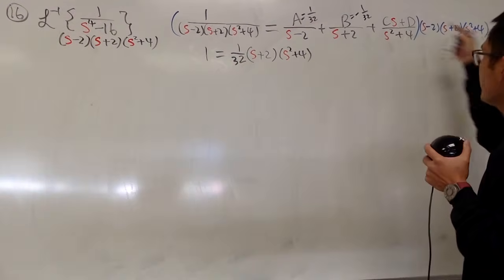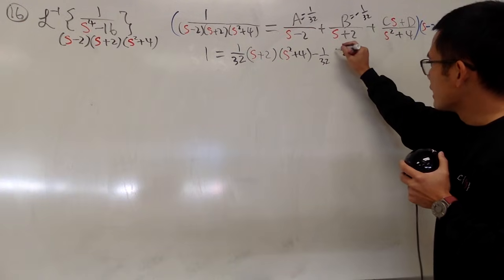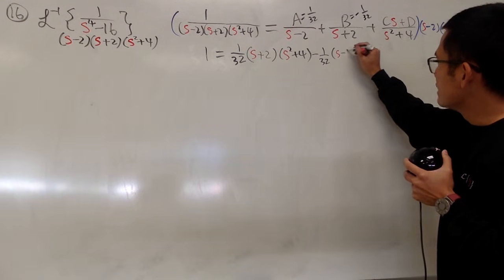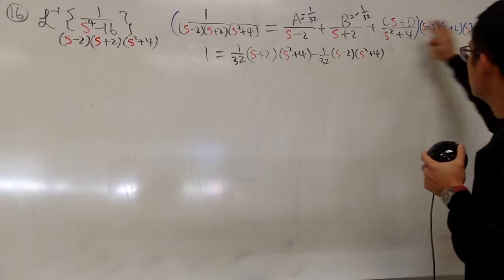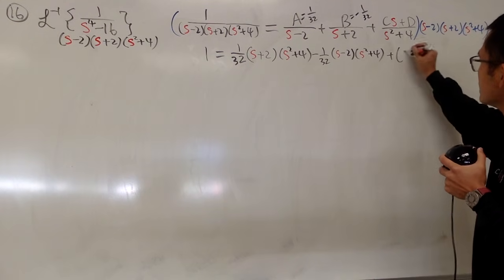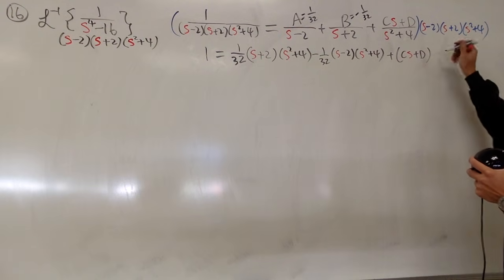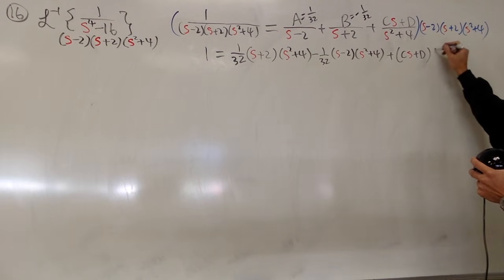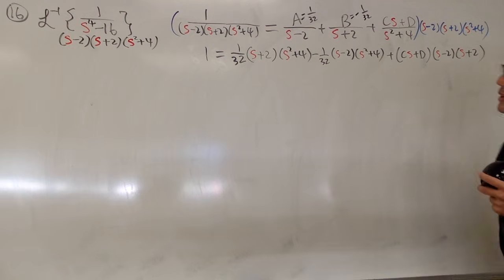Next, minus 1 over 32. S plus 2 will cancel, so we have s minus 2, s squared plus 4. And then plus cs plus d, times s minus 2, s plus 2.